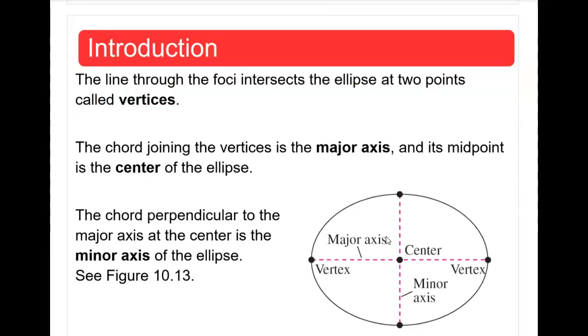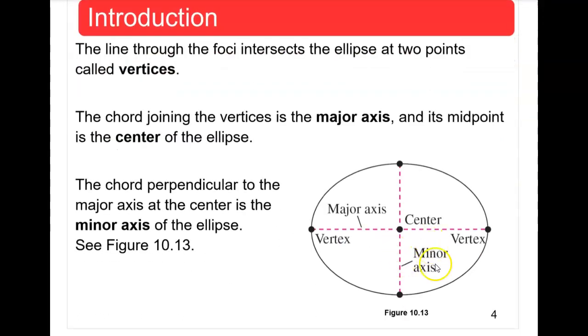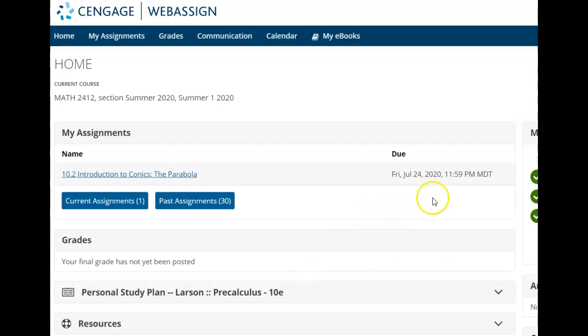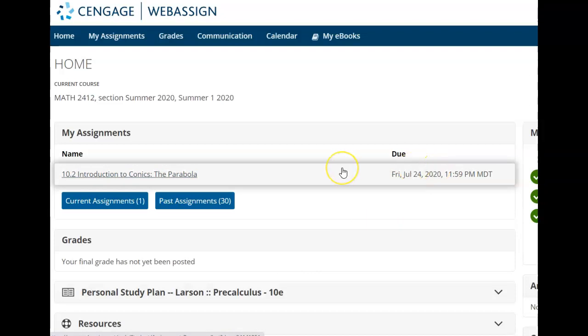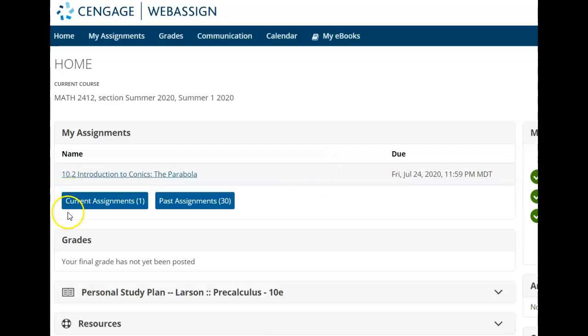So let's go ahead and look at the ebook. Here is your course, and just so you see, you do have an assignment from 10.2. It is due Friday. The assignment for section 10.3 will be due on Saturday.